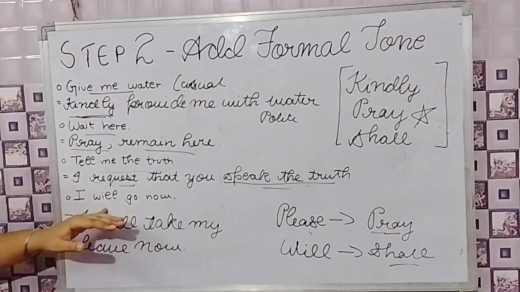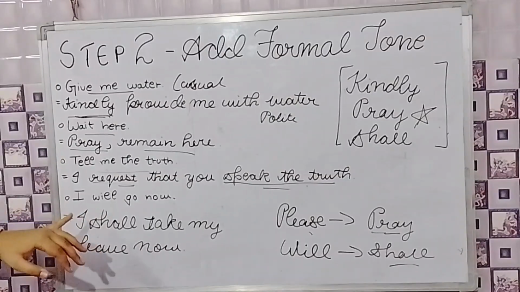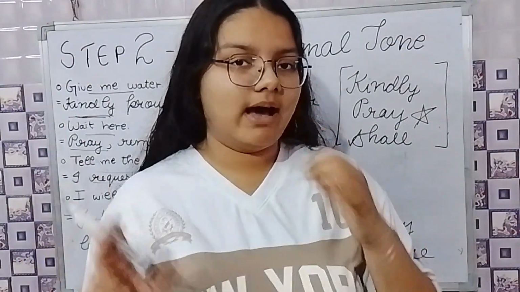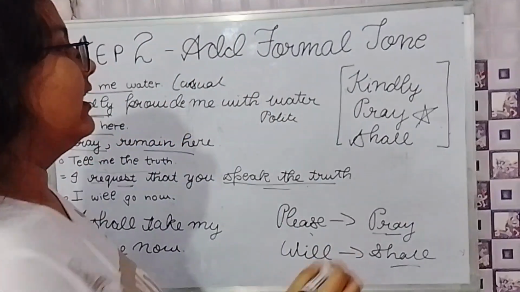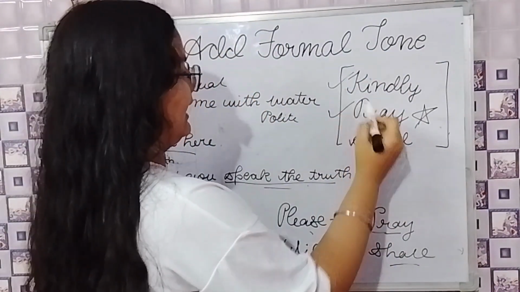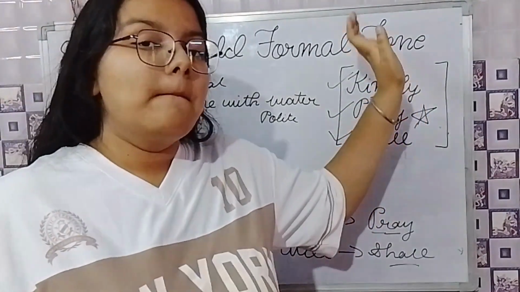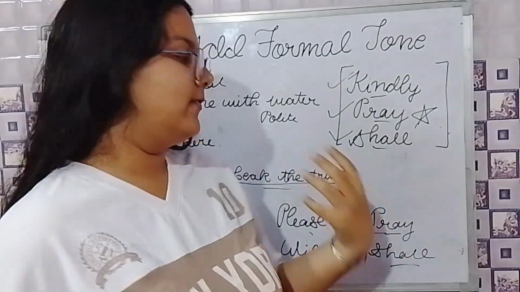So I will go now changes into I shall take my leave now. So the words that you have to keep in mind while using Victorian English are kindly, pray, and shall. These are the words that will make you sound more polite and more refined.